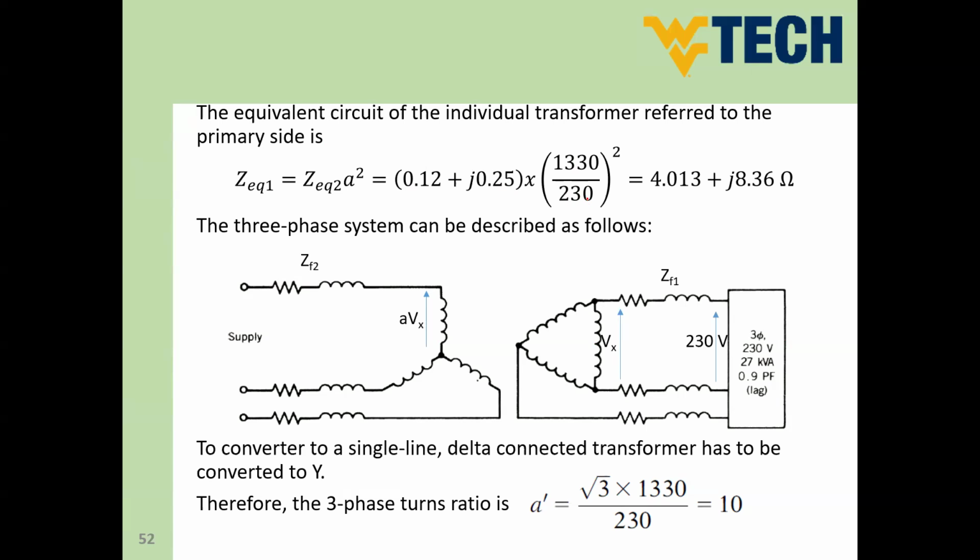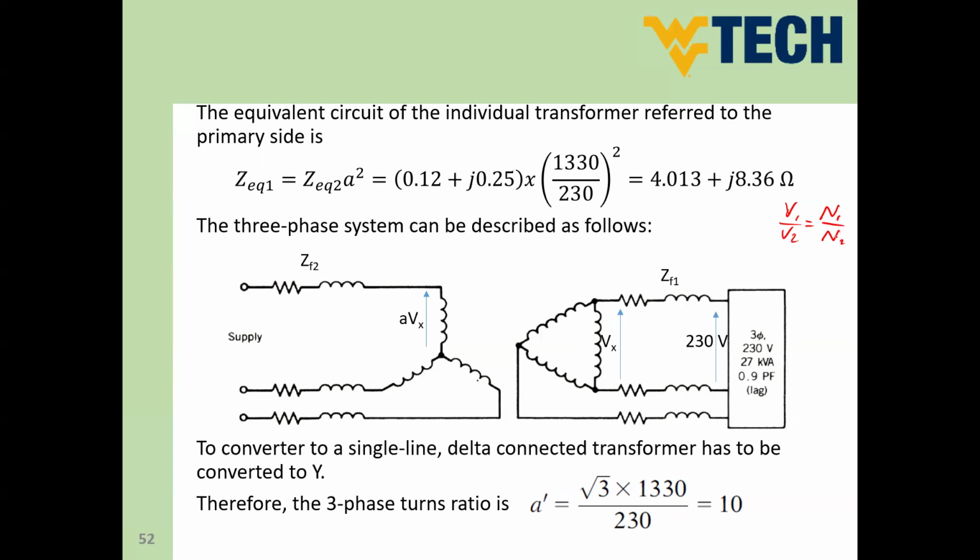So how can we do that? You remember, guys, V1 divided by V2 equals N1 divided by N2 equals the turns ratio. We mentioned that if we refer something from the secondary to the primary side, we can say V1 equals V2 times N1 divided by N2. So we multiply by the turns ratio.